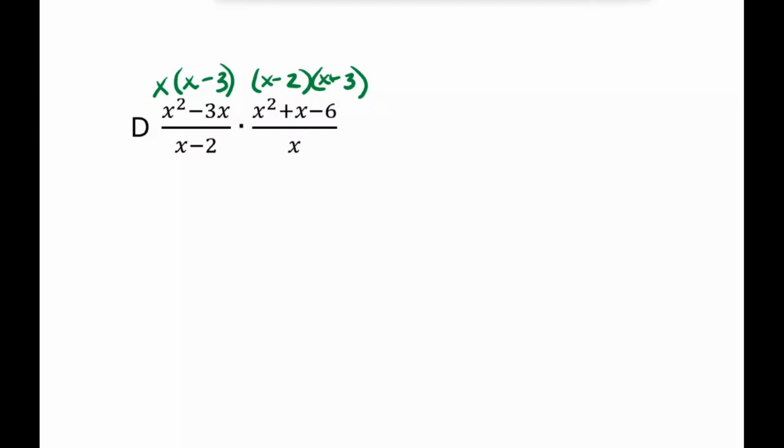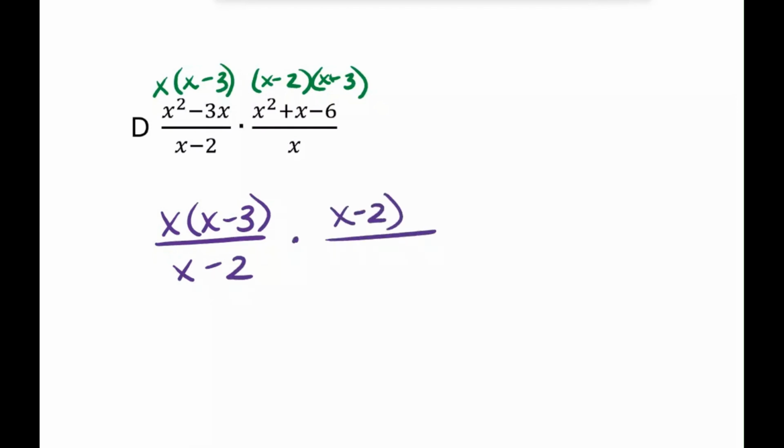So when you simplify, let's see, if we just write it out what we have, an x times x minus 3, and then an x minus 2 on top. And then we have an x minus 2, x plus 3, and then an x on bottom.